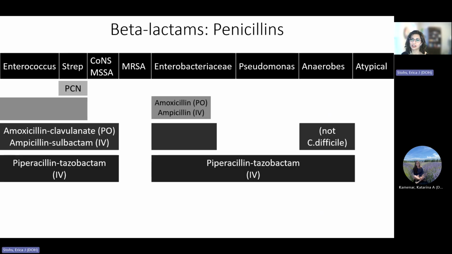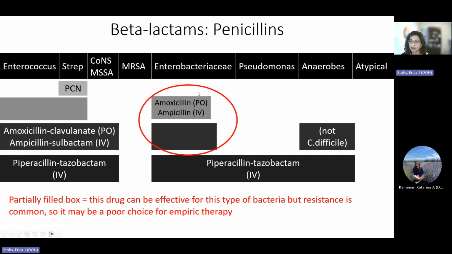Just a figure to illustrate this spectrum of coverage for penicillins in particular. Here you can see that, let's say amoxicillin and ampicillin, kind of the oral and the IV forms here, do have Enterobacteriaceae coverage, not complete coverage, however, because there is resistance. So we may not want to choose this for empiric coverage, but if we know we're treating a strep, these are great choices.